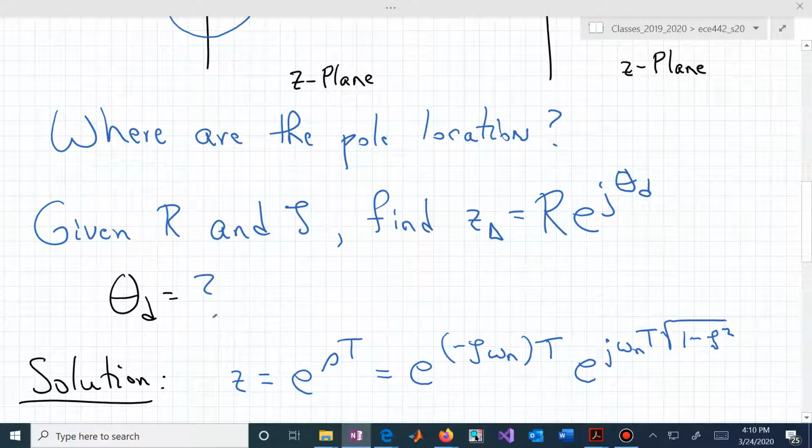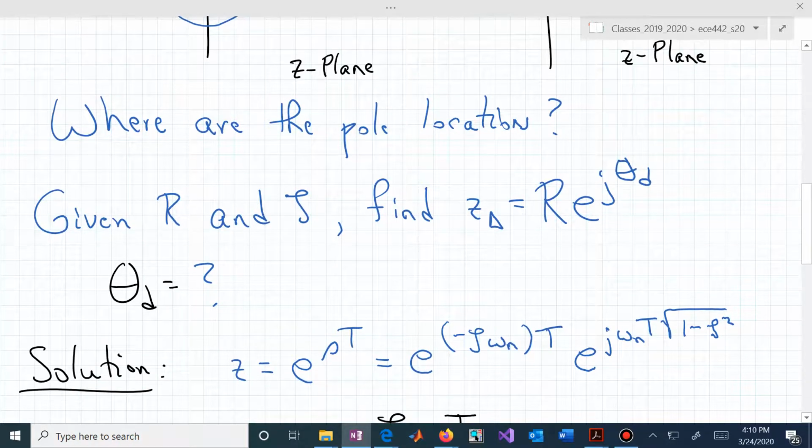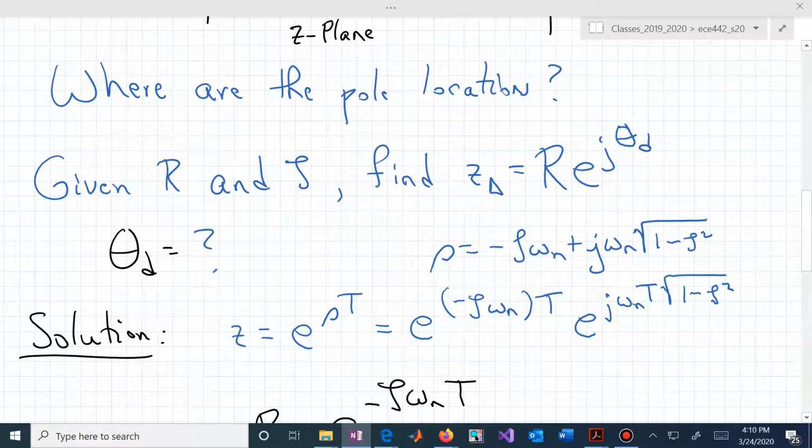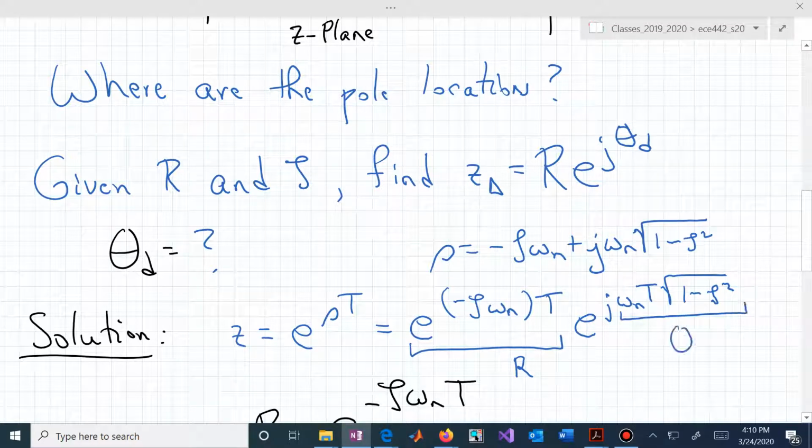So what is this angle theta sub d? Remember, z is e to the st, and we can parameterize s as minus zeta omega sub n plus j omega sub n square root of 1 minus zeta squared. We distribute the t across both of those terms, and now this piece is our r value, or the radius, and this piece is our angle theta sub d.